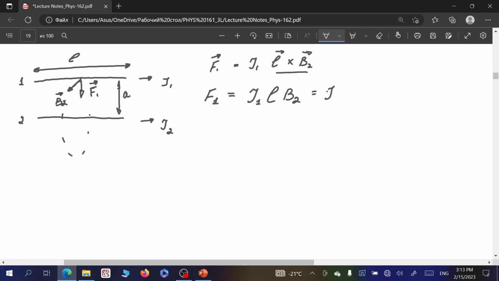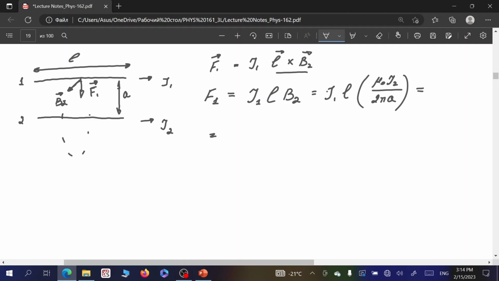Then we go for I1 times L, and what will be the magnetic field? Mu naught times I2, current in the second conductor, over 2 pi A. Instead of R, we use A. So that will be the magnetic field created by the second conductor next to the first conductor.